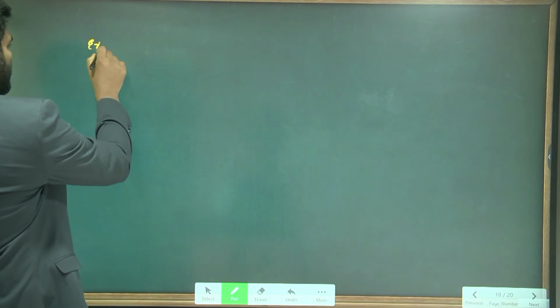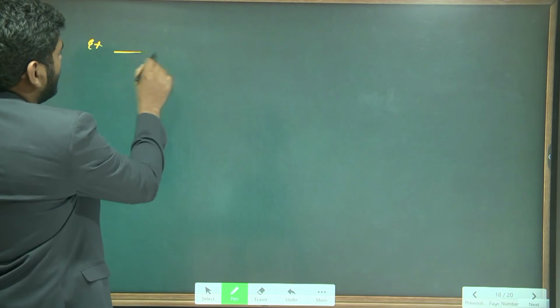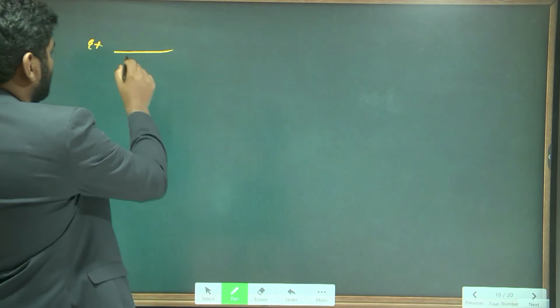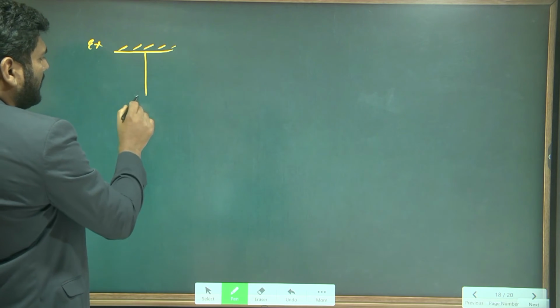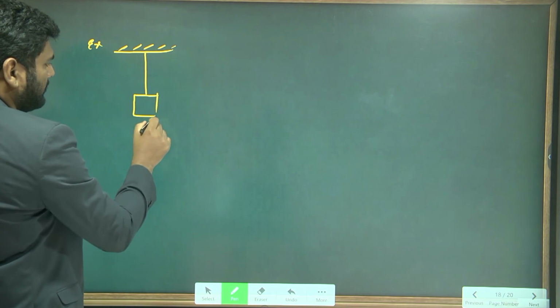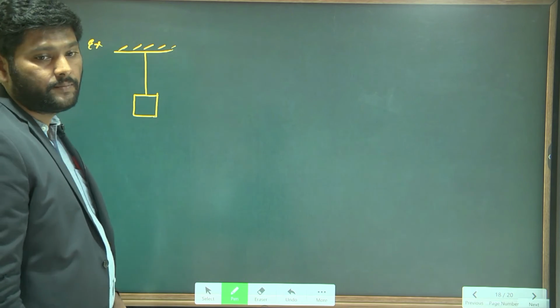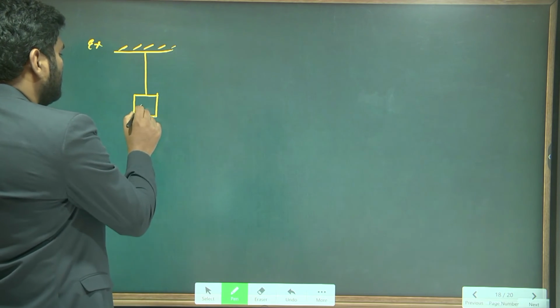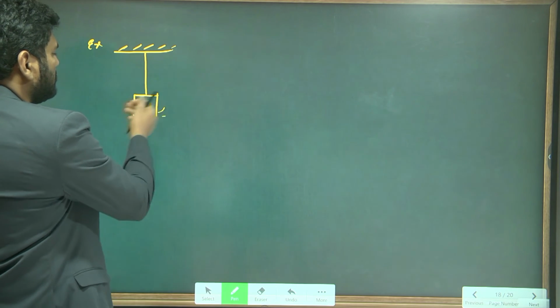The next example is the same free body diagram only, involvement of free body diagram. So this is a rigid support. I suspended an object here. The object mass is, let us take 20 newtons. Sorry.